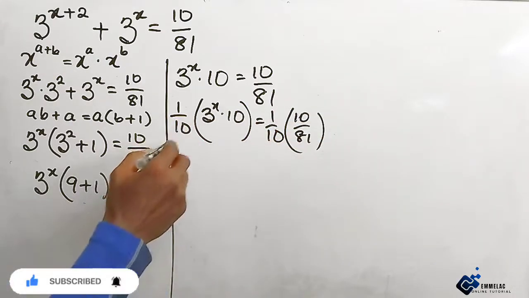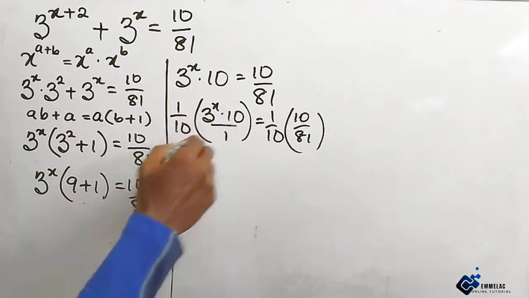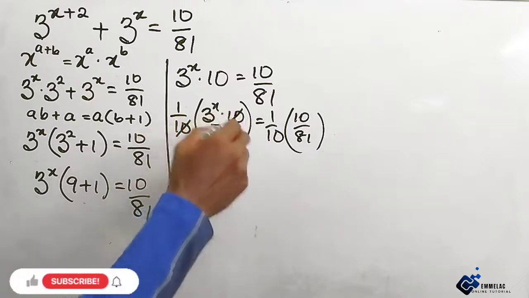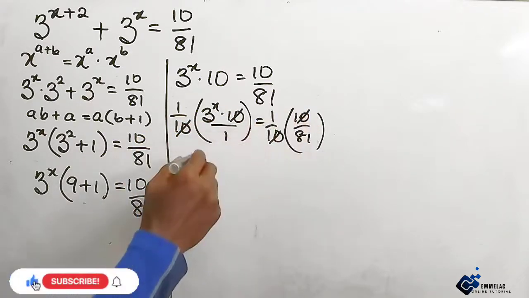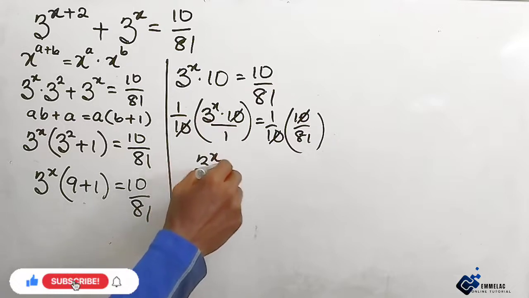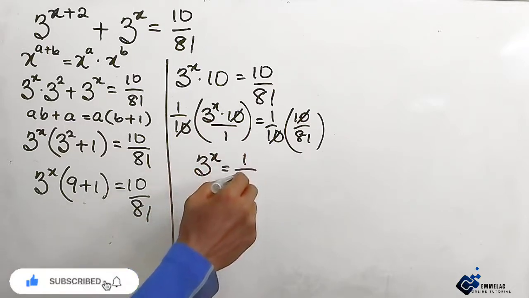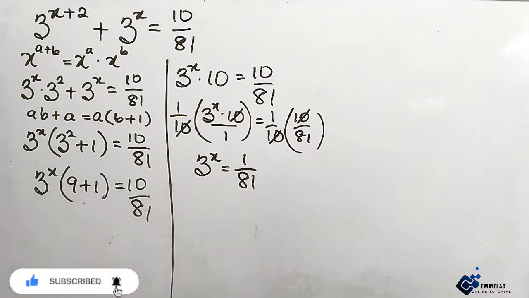Take note all these are 1, so they cancel. We are left with 3 raised to the power of x equals 1 over 81.